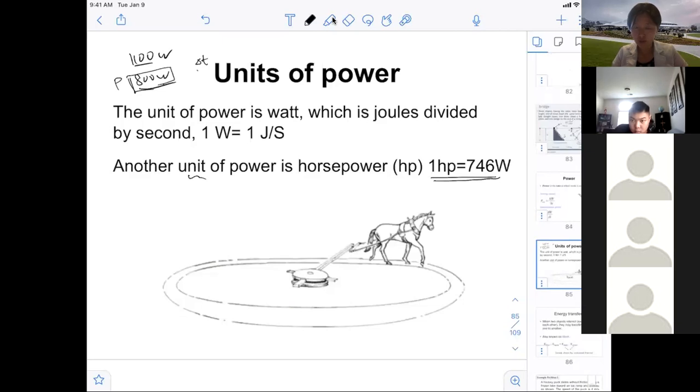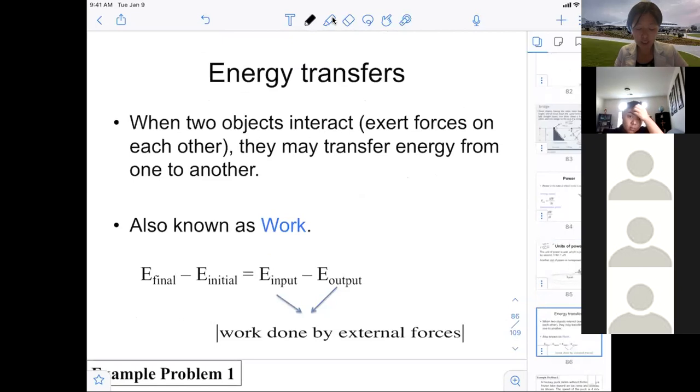Okay, so this is just a side concept. But why do we want to study work? Because we want to be able to calculate the energy transfers, either as an input or as an output. So finally, we have done work. We need to put it back into our energy equation to solve more problems.